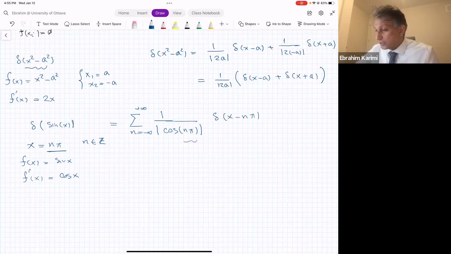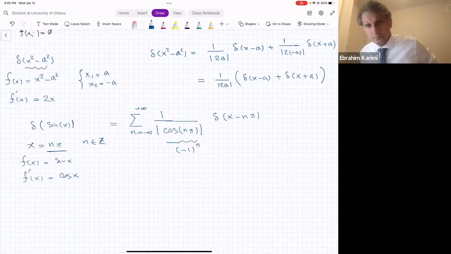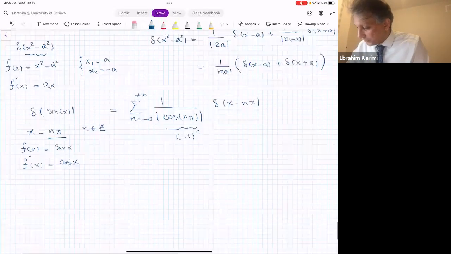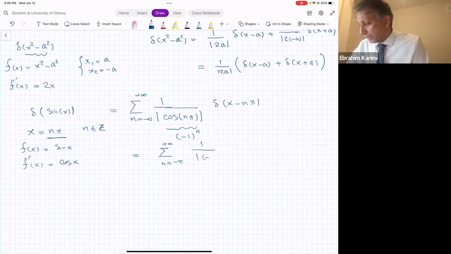What is the cosine of n pi? It is minus 1 to the power of n. Right? So this can be simplified further, and it will be the summation over n from minus infinity to plus infinity of 1 divided by the absolute value of minus 1 to the power of n, times delta of x minus n pi.